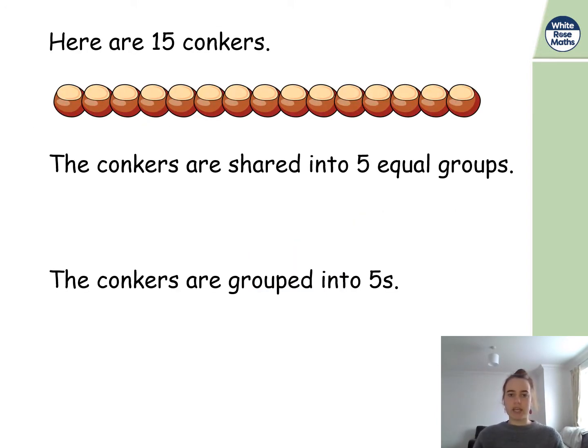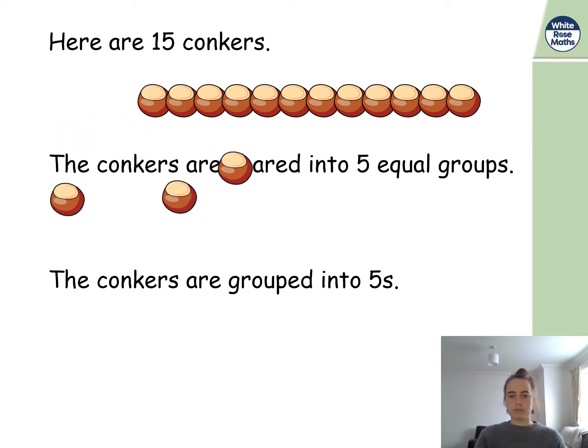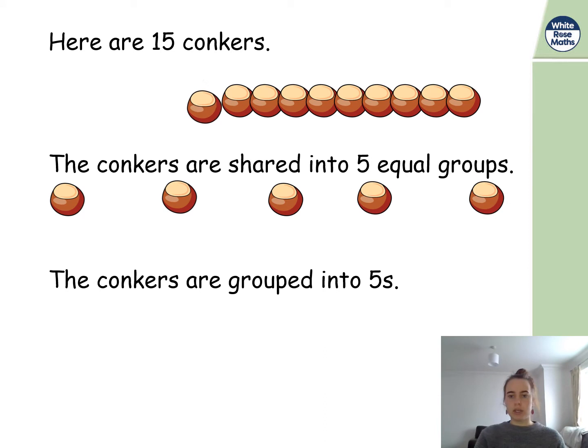Here are 15 conkers. The conkers are shared into 5 equal groups, and the one below, the conkers are grouped into 5s. What do you think the answer may be? So this first one is sharing them into 5 equal groups.